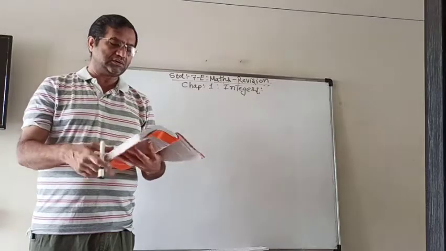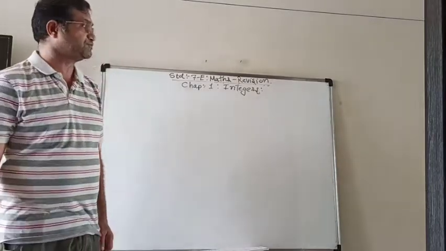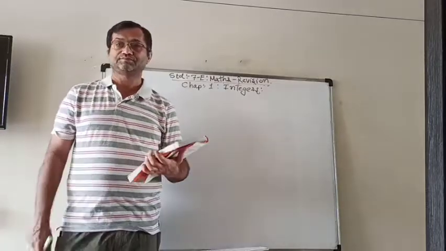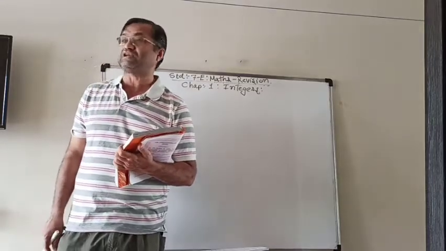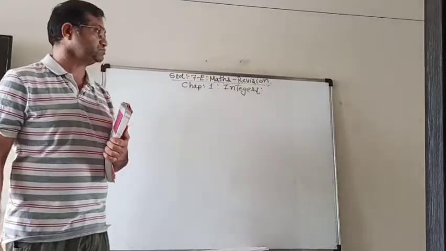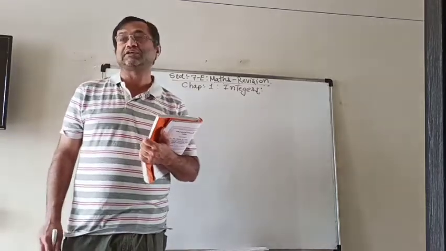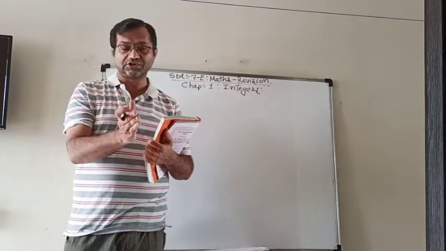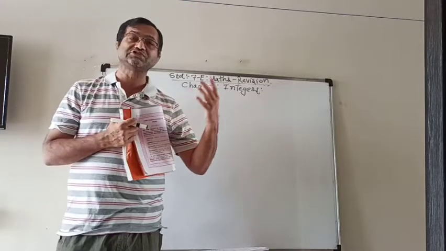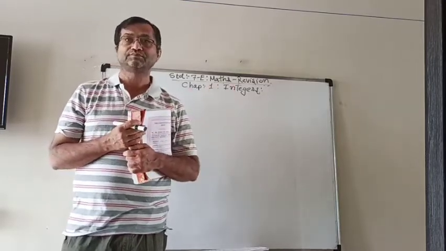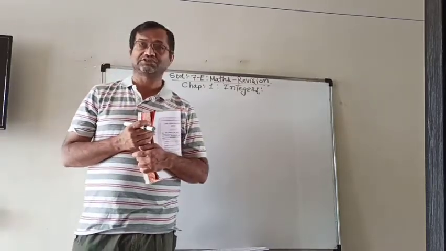We already learned about integers, which is the collection of whole numbers along with negative numbers like -1, -2, -3 and so on. So the whole collection of whole numbers and negative numbers, that is 0, 1, 2, 3, 4 and so on, and -1, -2, -3, -4 and so on, is known as the integers.